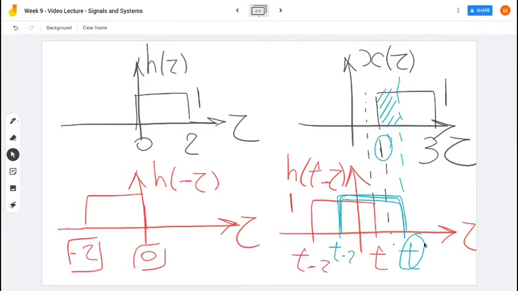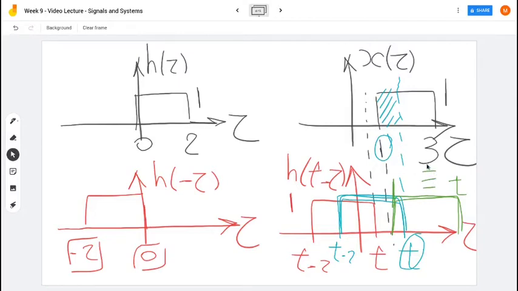So the next condition would be if t is larger than 3 and t minus 2 less than 3. In this case, the shifted pulse would be like this. So this edge is t is larger than 3, and this edge is t minus 2 less than 3, which is t less than 5.